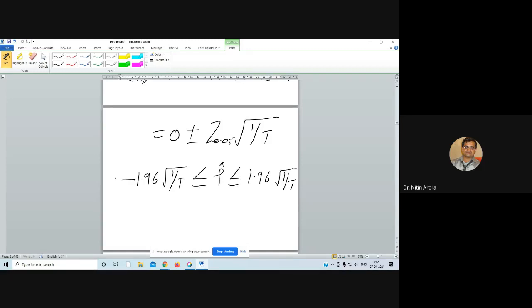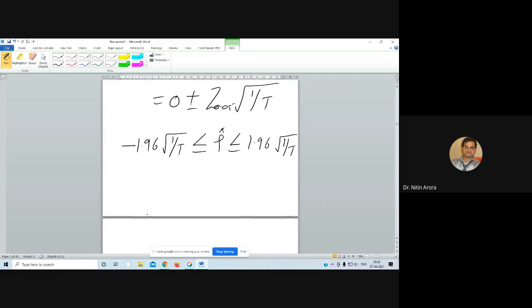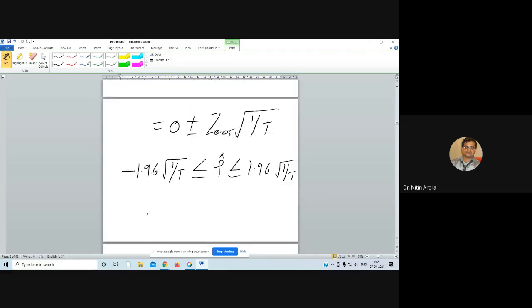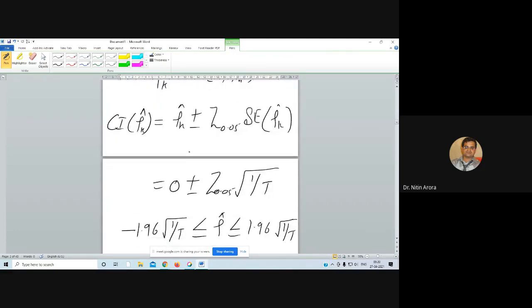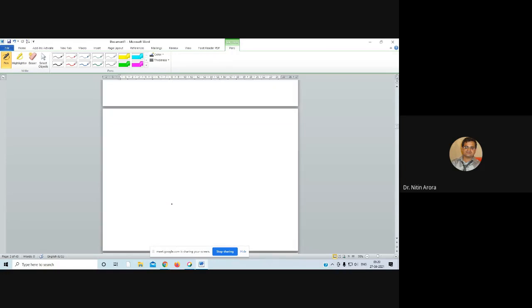So what we will be doing is plotting. This is the autocorrelation function, and for each autocorrelation we have constructed the confidence bound. If we plot this rho k cap against lag k, this is called the Correlogram.